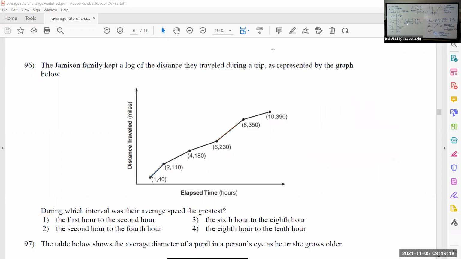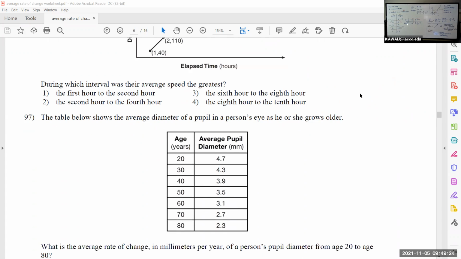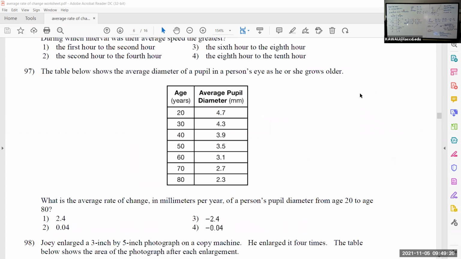Okay, I'm going to clear all my drawings. All right. So let's try doing this one. So go ahead and find the student's average rate of change.